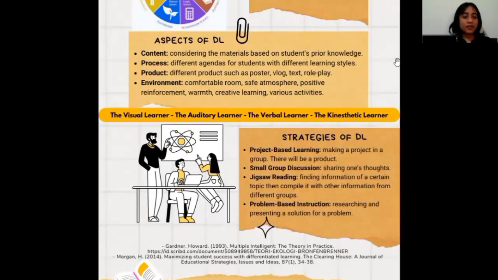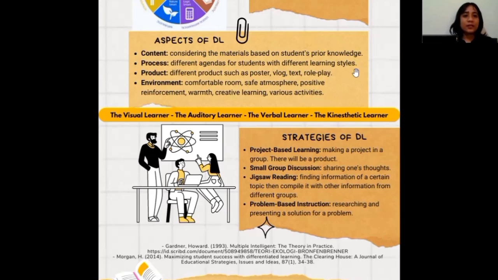And the second one is the process. The process is about the activities or the agendas that the students will do with different learning styles. It can differ by their learning styles: kinesthetic, auditory, visual, and verbal.